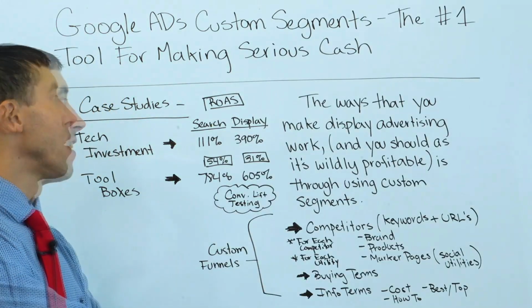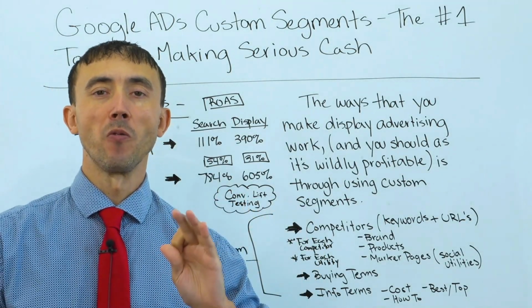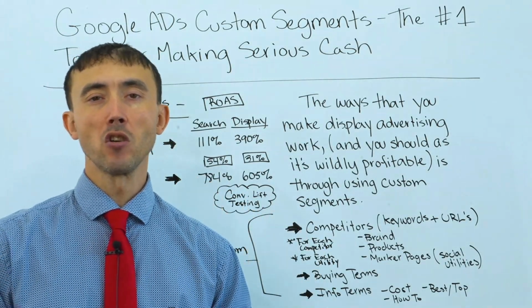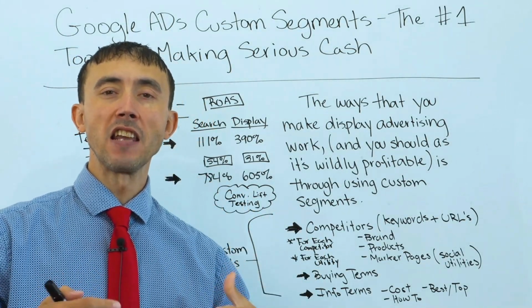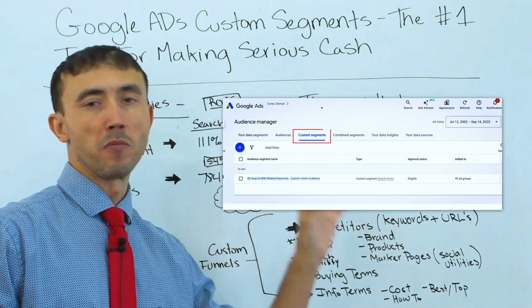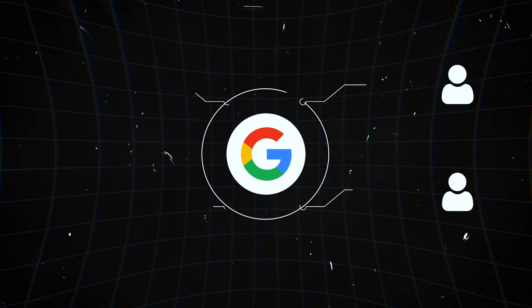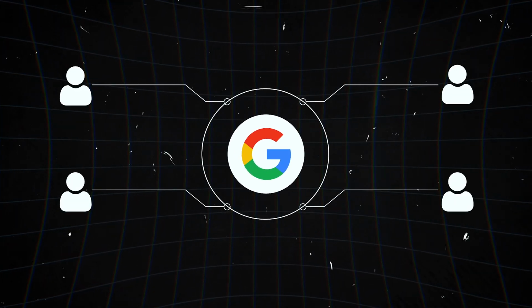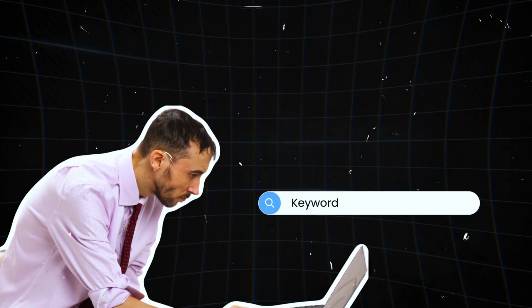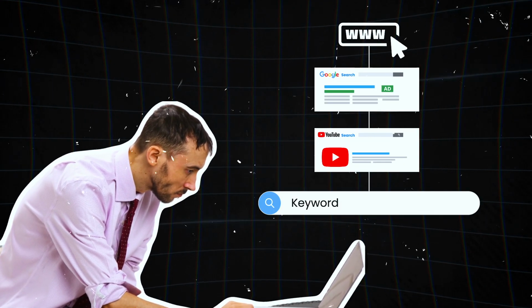So with that said, getting display advertising to work for your company, at least using the Google Ads account, is all predicated on using Google's data and also using custom segments. Google will let you target people outside of google.com that have typed in certain keywords in YouTube search or Google search, or been to a certain website URL.